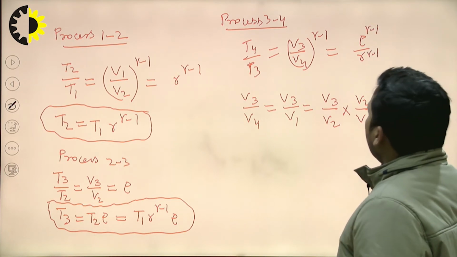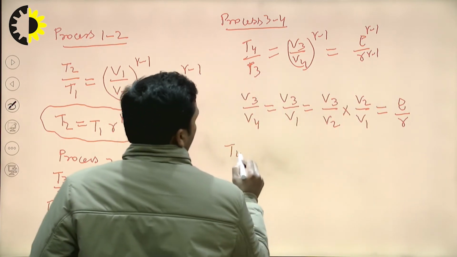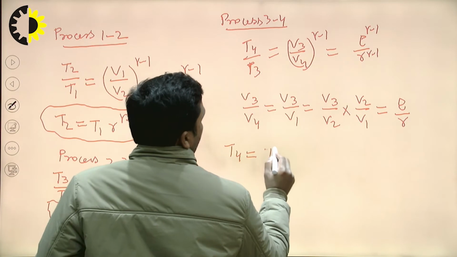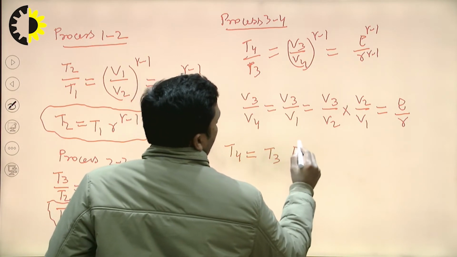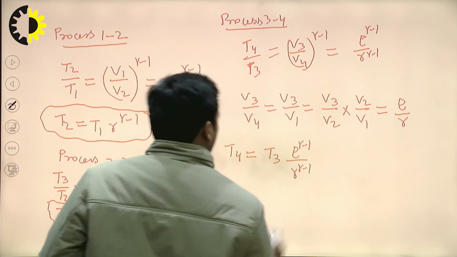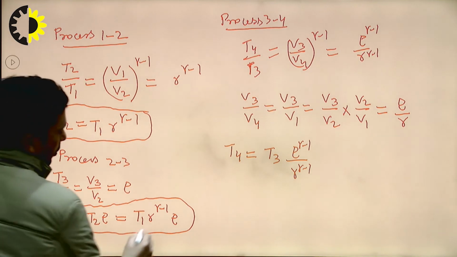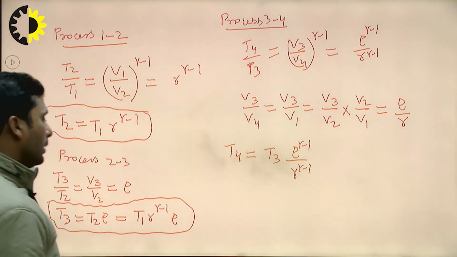Gamma minus 1. So from here, T4 will be equal to T3 times rho to the power gamma minus 1 upon R to the power gamma minus 1. And we have already calculated T3 is equal to T1 times compression ratio to the power gamma minus 1 into rho.